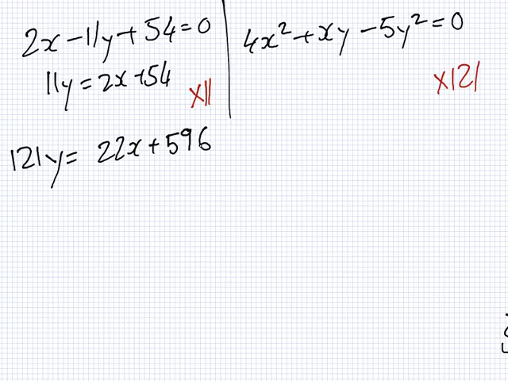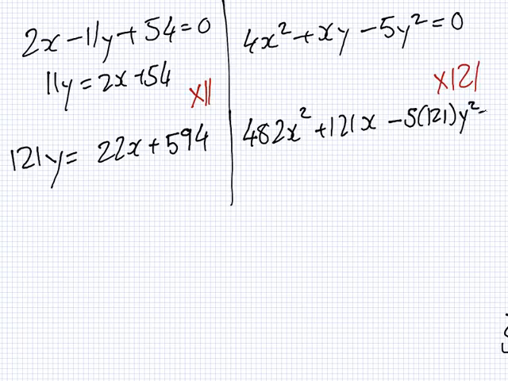People with calculator, person without calculator, what's the number? 594. 594. And this one here, 484x squared, 121xy minus 5 times 121y squared. I multiplied everything by 121. Oh, I'm off by 2.